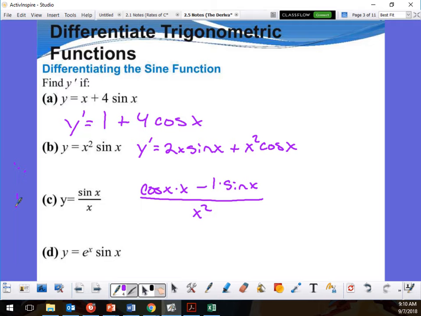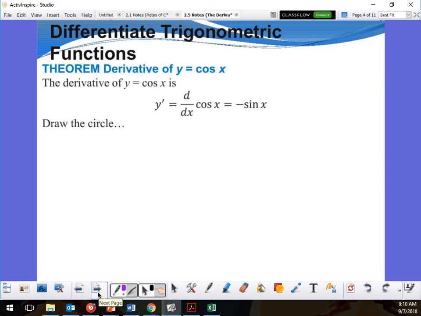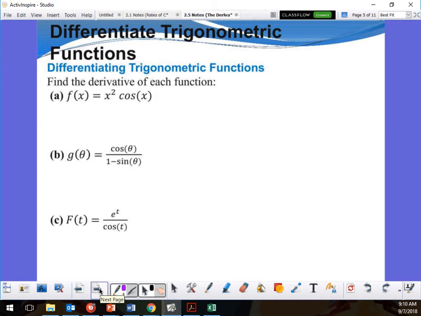Do I need to do this one? D? No, it's a product rule again, isn't it? Same thing here. We just took care of it with the circle. What rule do we have on this one? Product again.